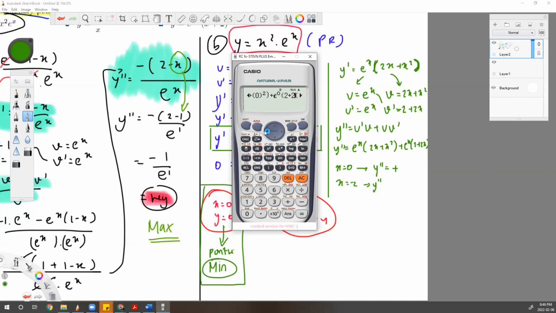Every 0 by -2. By the way, nothing to do with the result, but what we want to find is only about the sign: -0.27, right?